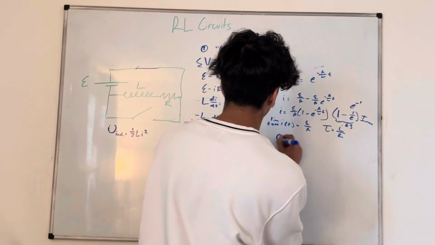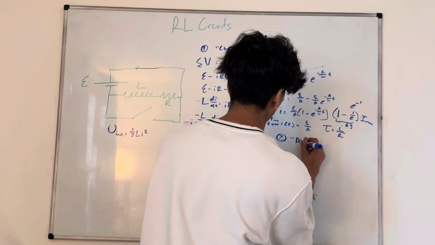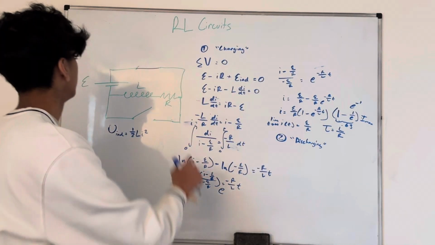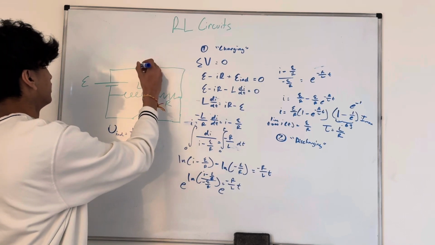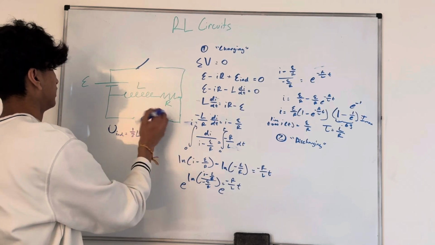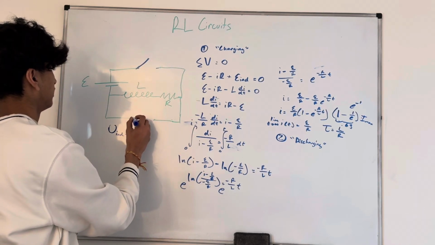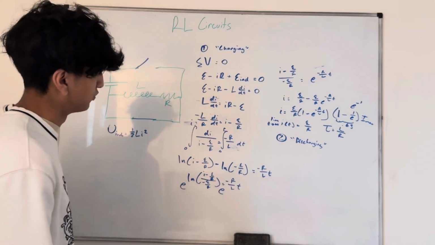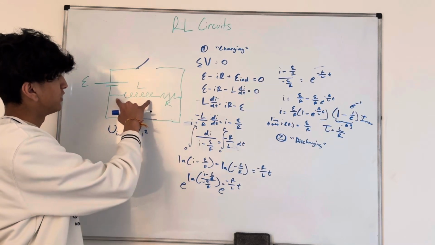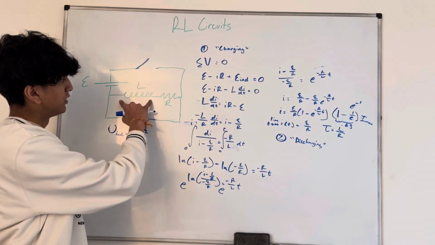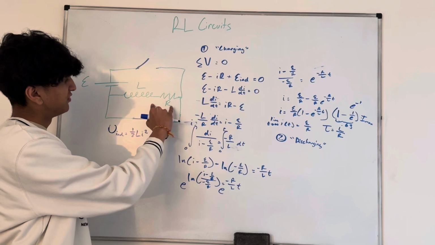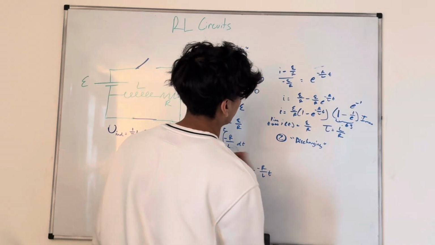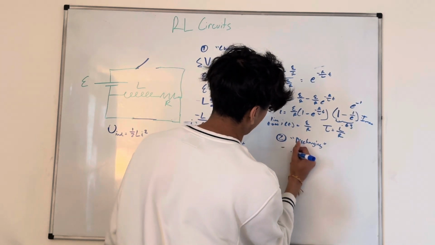Now let's do discharging, quote unquote discharging. I don't know what else to call this. So now if you do your loop rule again, essentially the potential difference across this resistor. So, let's see if this works out.